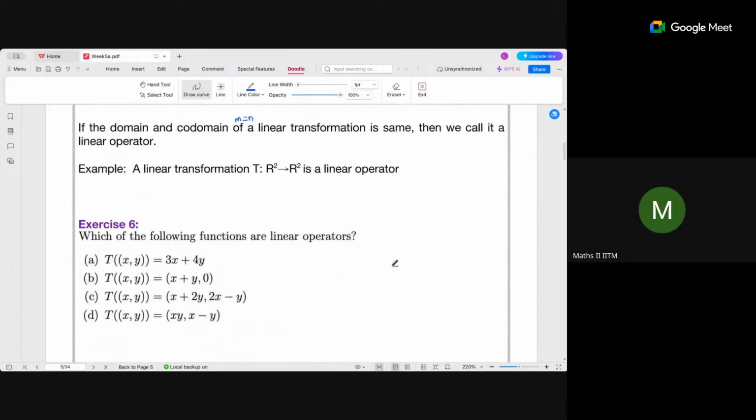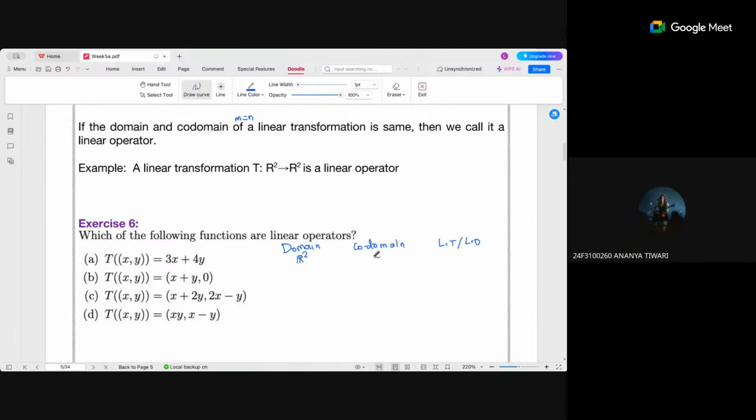Now for the following question, can you first of all tell me what is the domain and codomain in each case? And from that, we can say whether it is a linear transformation or linear operator. What is the domain in the first case? R2. And codomain?